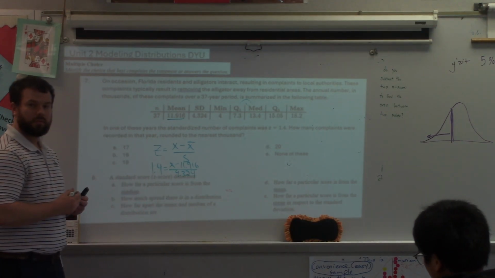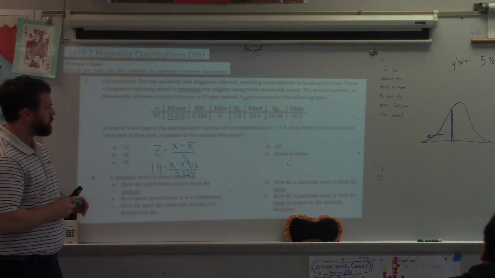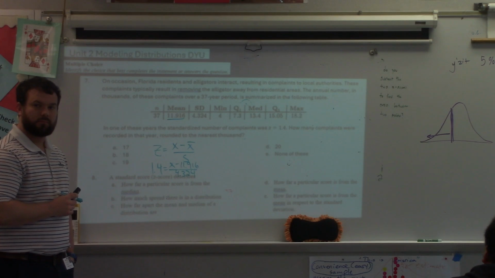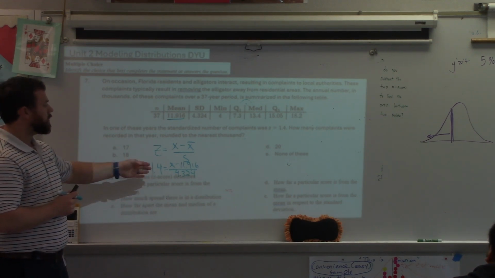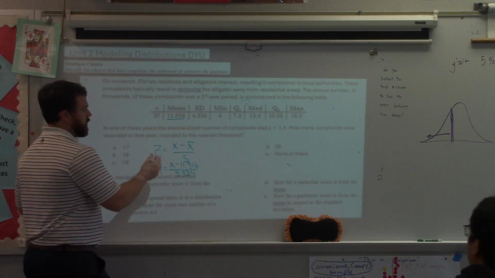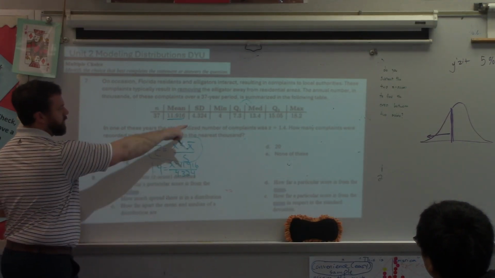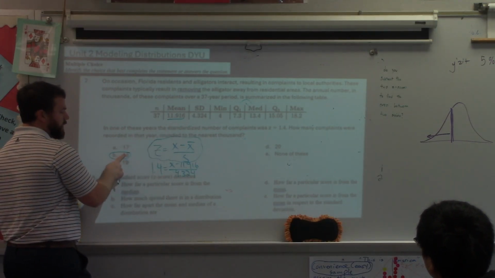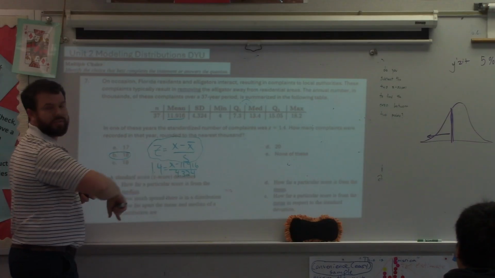What is the value in this? The value is the number of complaints. The answer was 18. 18 complaints was 1.4 standard deviations above the mean.